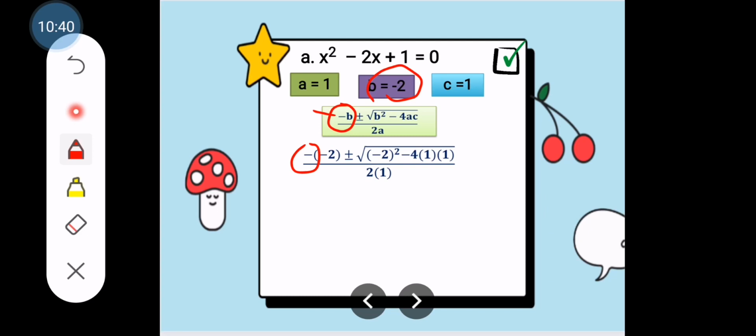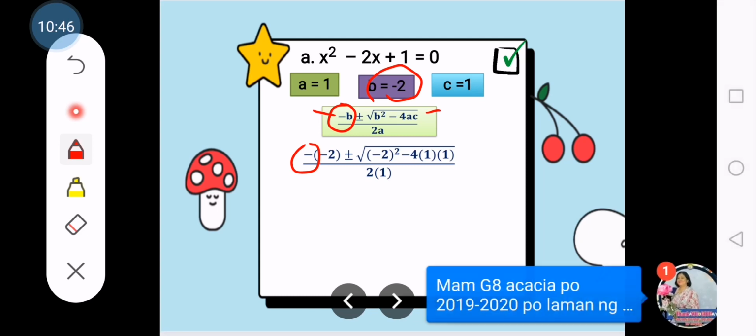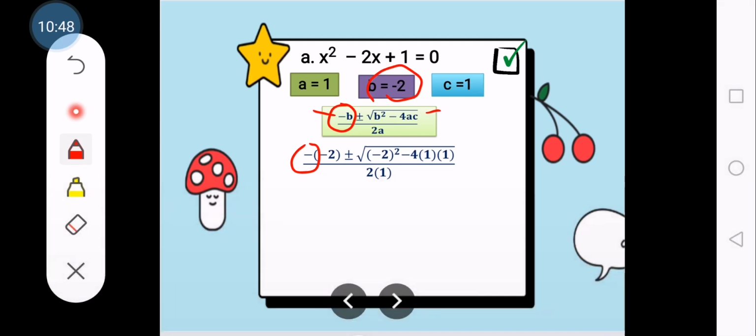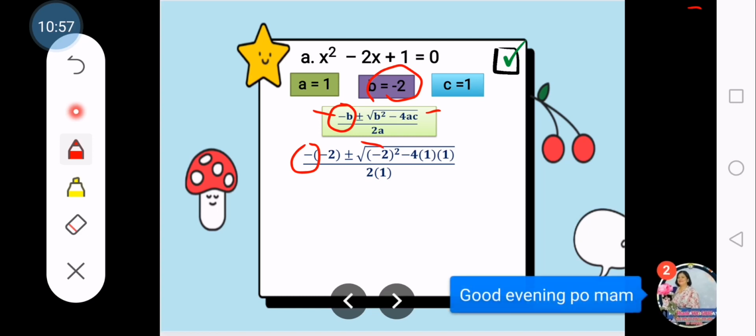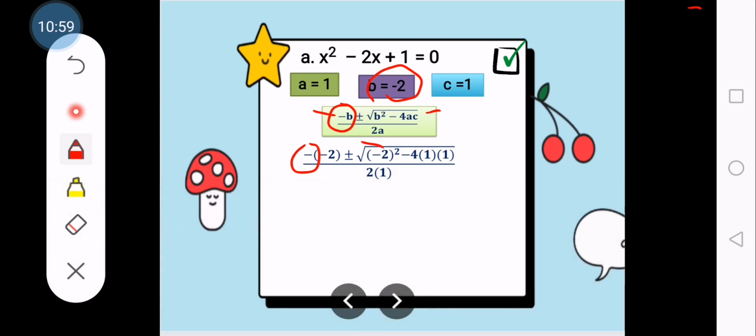So, plus minus, inside the radical, yan po yung magiging discriminant. So, ang b squared po natin ay negative 2 raised to 2, and then minus 4 times the value of a, which is 1, and then the value of c, which is 1, over 2 times the value of a na 1.